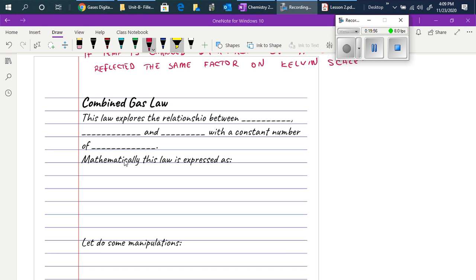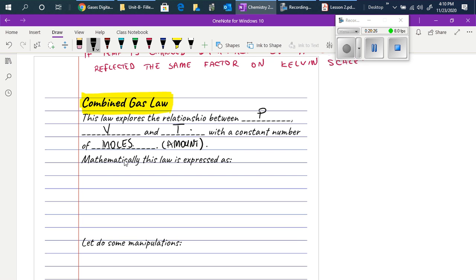So now when we talk about the combined gas law, what do we have to keep in mind? That this gas law explores the relationship between pressure, volume, and temperature when the number of moles, so the amount of gases, is kept constant.